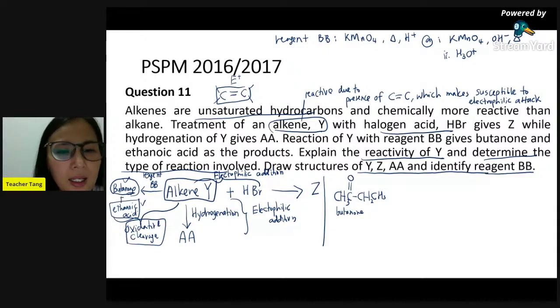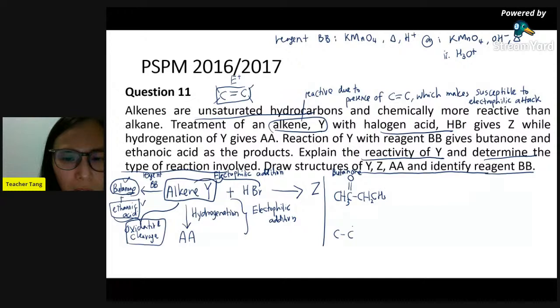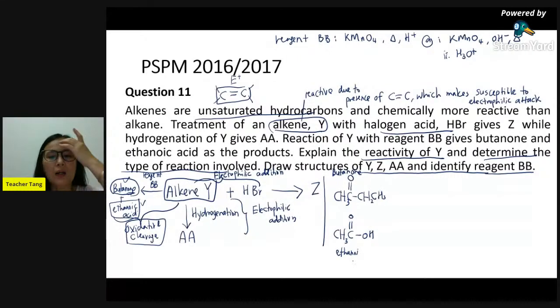And then another one is ethanoic acid. Madam tulis nama dia dekat atas. Another one is ethanoic acid. Ethanoic acid 2 carbon. So this is the ethanoic acid, yang hasil daripada kita potong the alkene dua melalui oxidative cleavage.